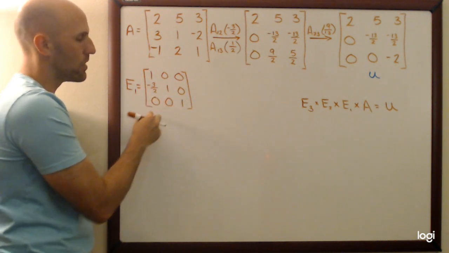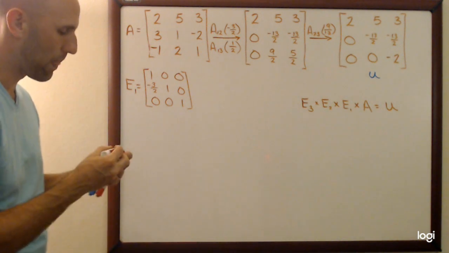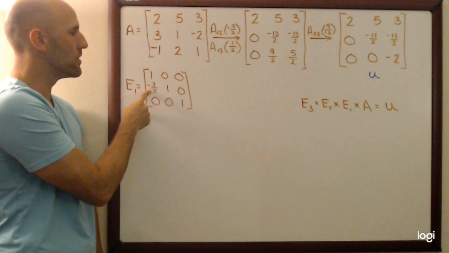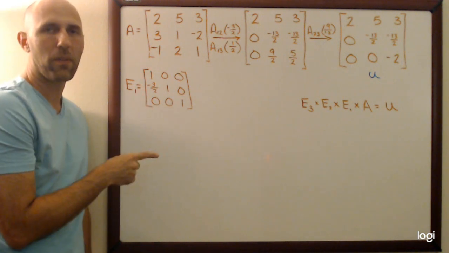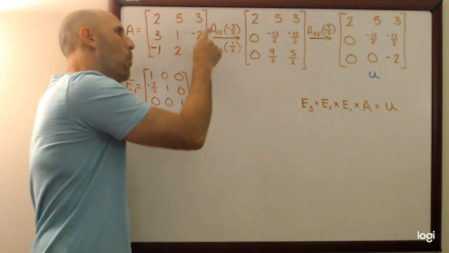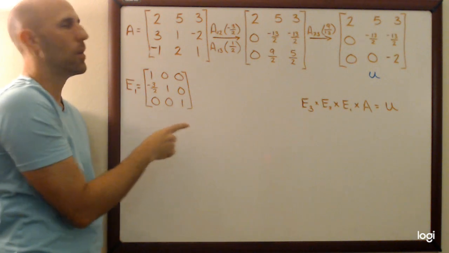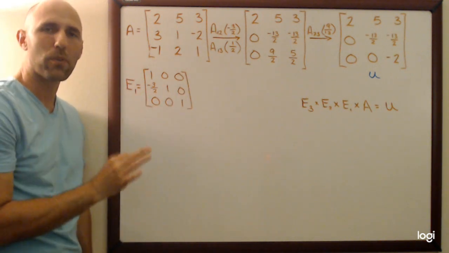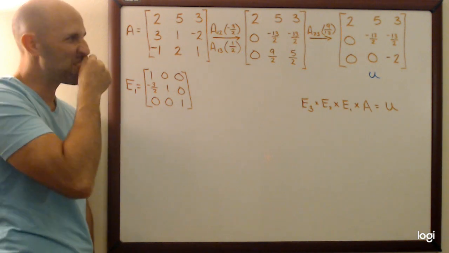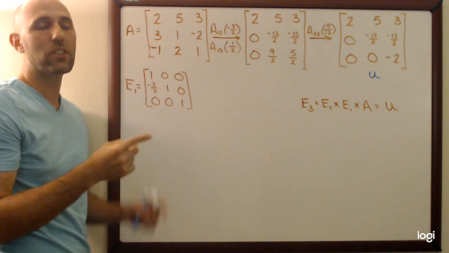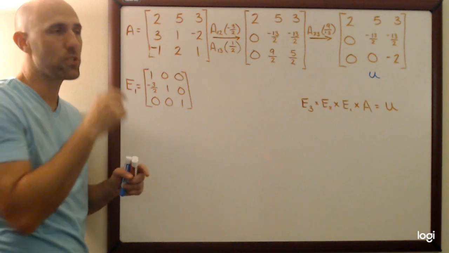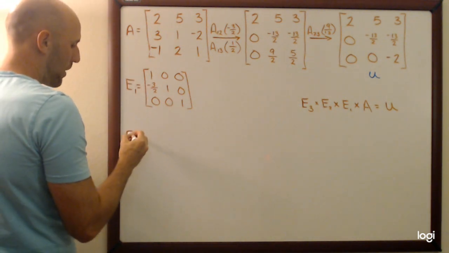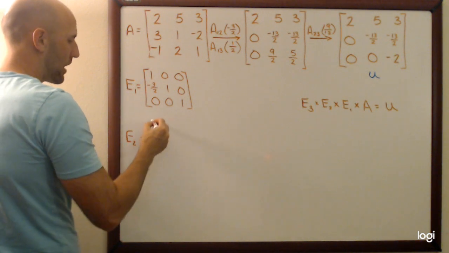Now I want you to notice something. Where did the negative 3 halves go? What position? This is the 2, 1 position, right? A12 put that negative 3 halves in the 2, 1 position. And in general, A sub ij is going to put that value into position ji. So again, I don't have to work out E2 and E3. I can just write them down.